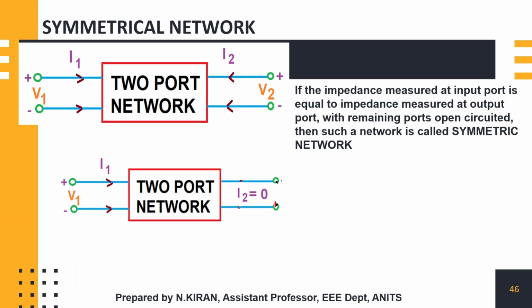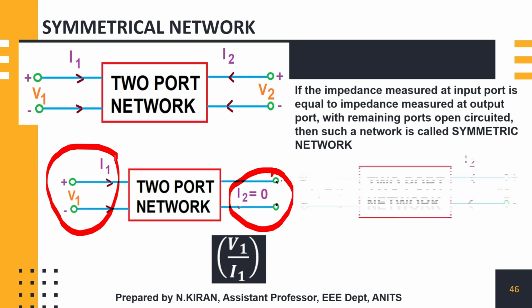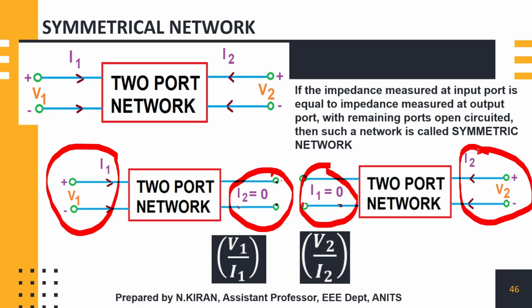Hence in this case I2 is made 0, and when I2 is made 0, I'll measure the impedance at the input port and find the ratio of V1 by I1. In the second case, when I open circuit the input port, I'll measure the impedance at the output port and find the ratio of V2 by I2. So when these two ratios become equal, then I say the given network is a symmetric network.